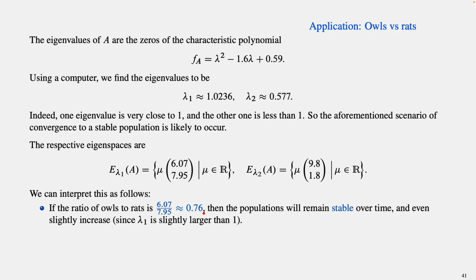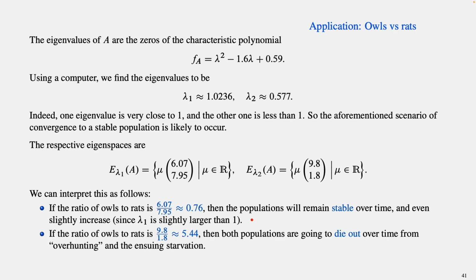You have two populations where one feeds on the other, but not too much, so that both populations can still grow. On the other hand, if we have the extreme case that the ratio of owls to rats is 9.8 to 1.8, so roughly 5.44, then both populations are going to die out over time from overhunting and the ensuing starvation.